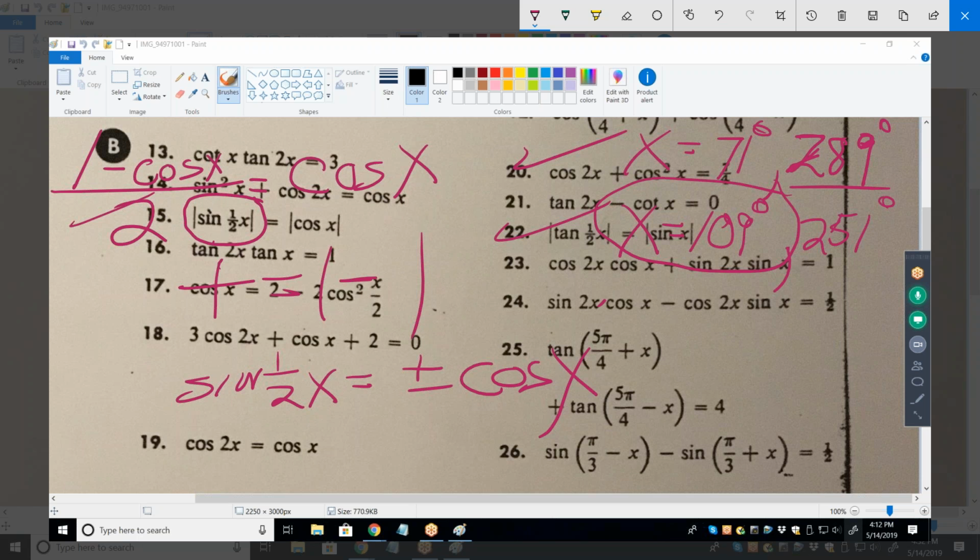I'm quite certain that if you plug in 109, that will be an equation. Let's just test it. What's the sine of 54.5 degrees? Sine of 54.5, 0.814. And we're taking the absolute value of that.